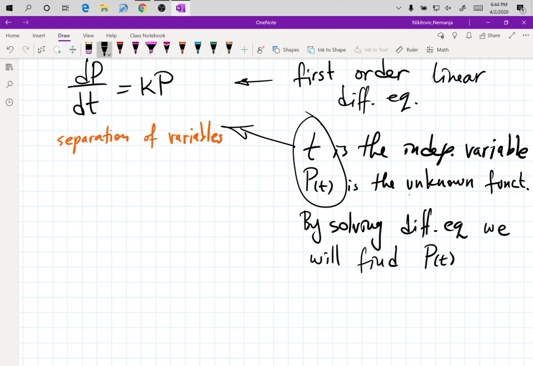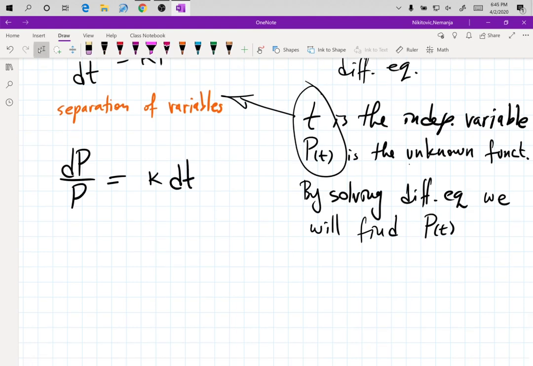So put all p's on one side, put all t's on the other. That should look like this: dp over p is equal to k dt. So what I did is I moved the function p to the left and moved dt to the right. Oops, it should say k dt. There we go, k dt.